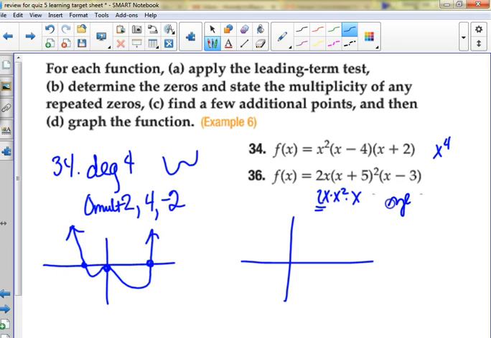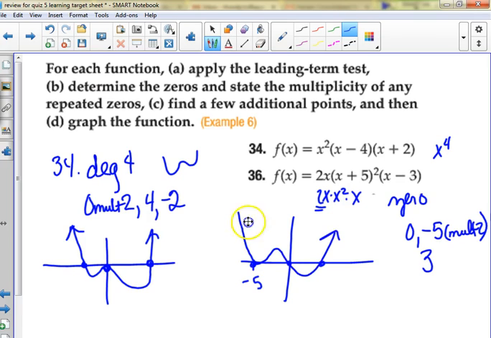Where are the zeros? Okay, and which one has a multiplicity? So this time it has a negative 5, 0, and a 3, and this time the bounce is where? Okay, does the 2 do anything? The 2 out in front?